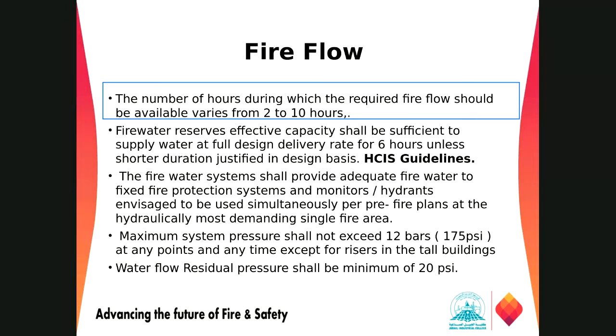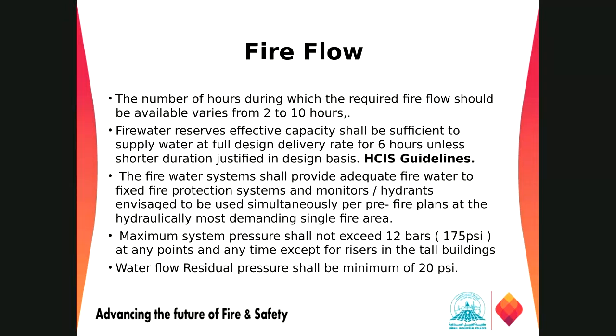Now moving on to the next one, which is the SCIS guidelines. SCIS says that the fire water reserve effective capacity shall be sufficient to supply water at full design delivery for 6 hours. So for SCIS, we need a minimum 6 hour water supply unless the calculation shows that lower demand is acceptable, like 4 hours or maybe lower.